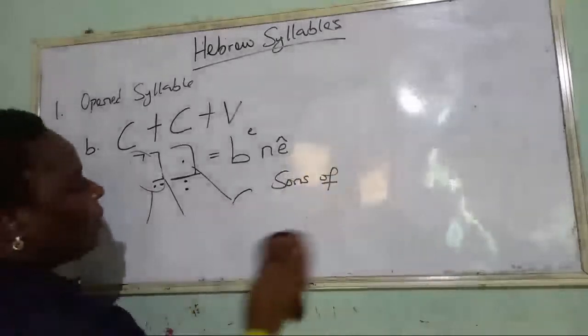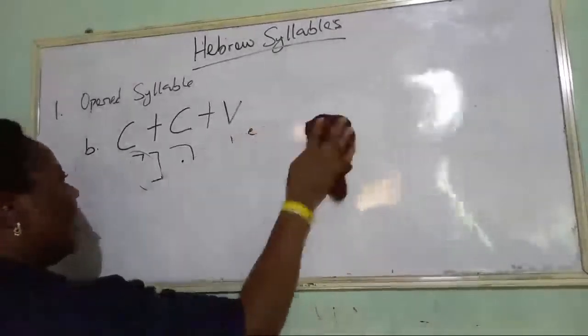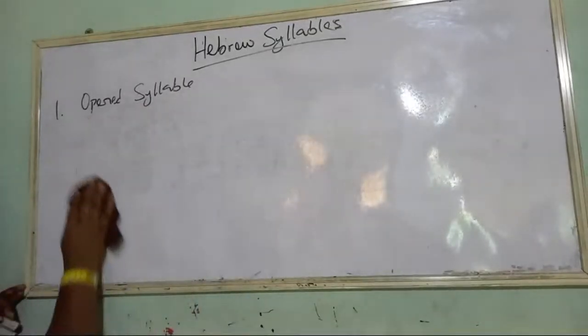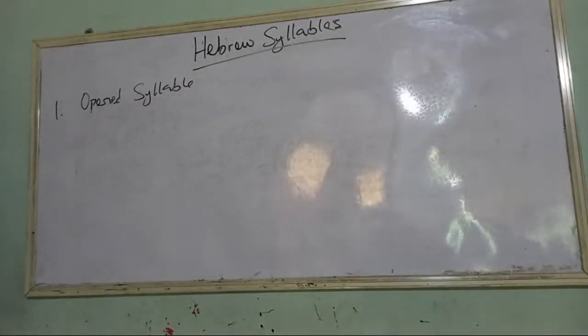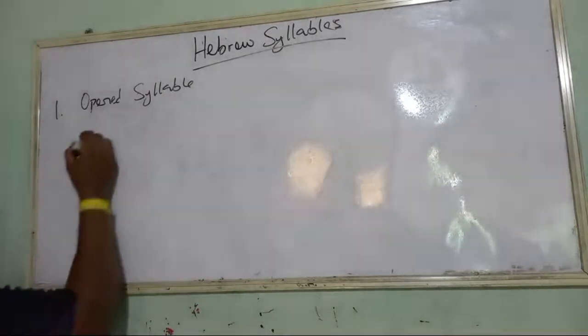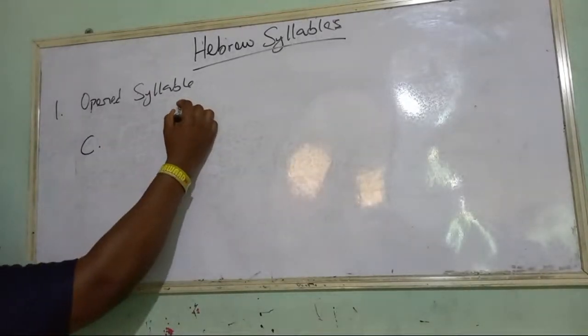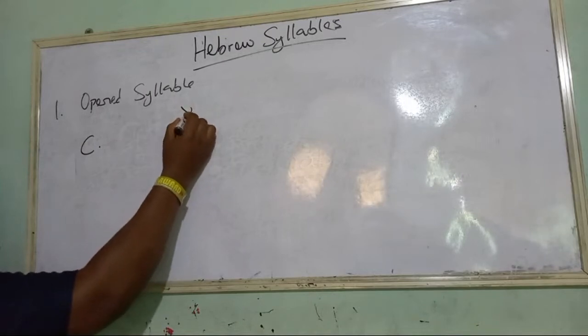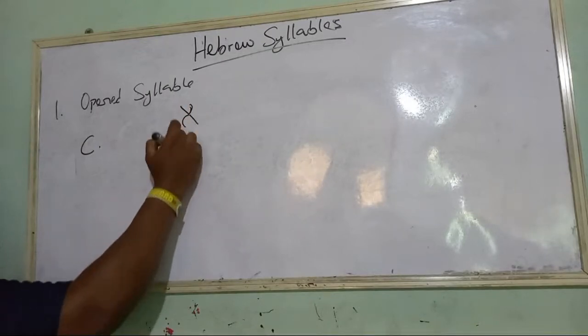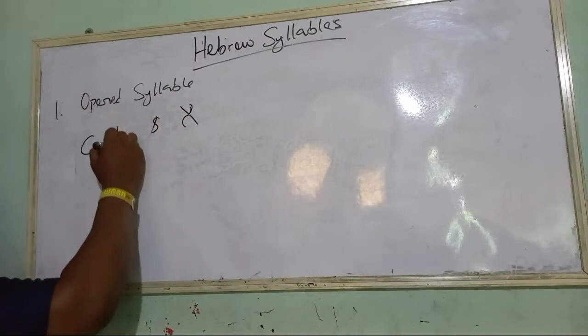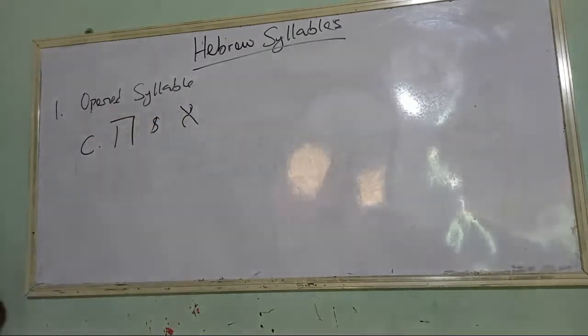So we have gotten two tips on how to know an open syllable. The third one is that any syllable that ends with aleph is an open syllable.